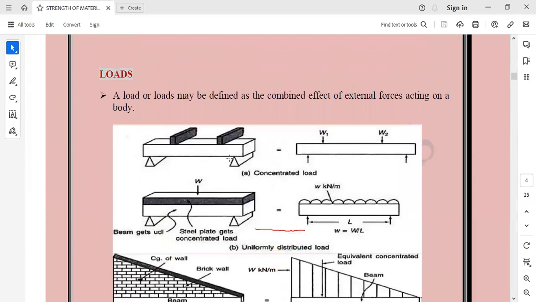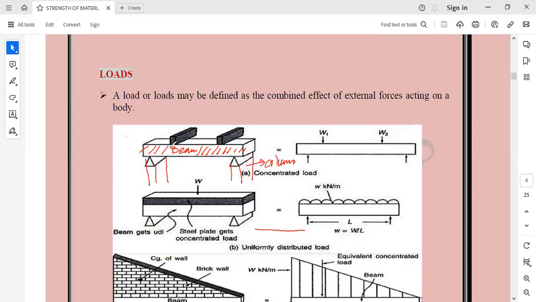Here in this diagram, you can see that this is a beam that is simply supported on two columns. It is supported on two columns at the end. So these are the columns.